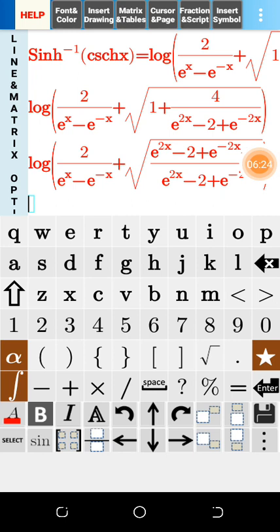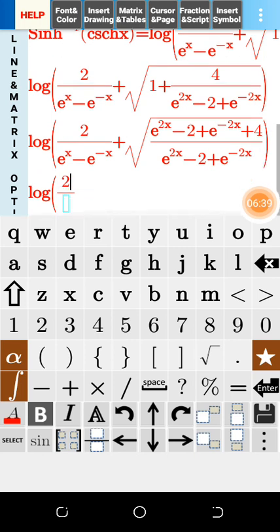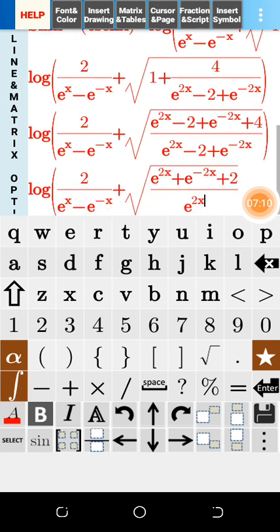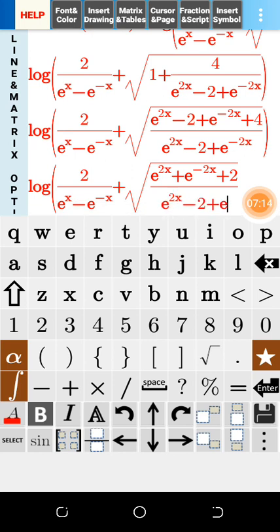So minus 2 plus 4 will give us plus 2. So our answer becomes log of 2 over e raised to the power of x minus e raised to the power of minus x, plus root of e raised to the power of 2x plus e raised to the power of minus 2x plus 2, everything over e raised to the power of 2x minus 2 plus e raised to the power of minus 2x.